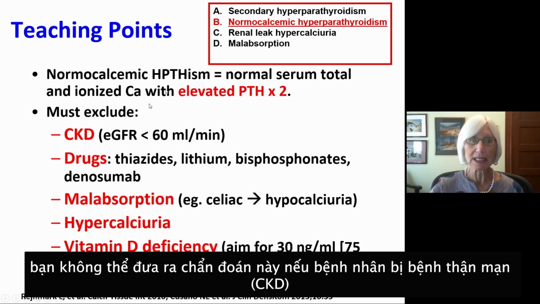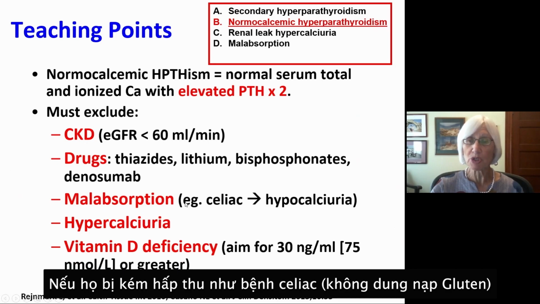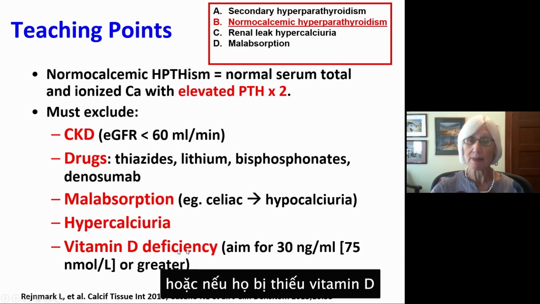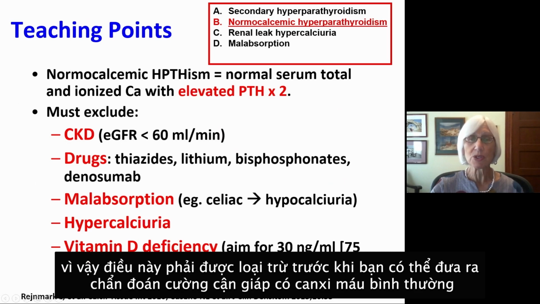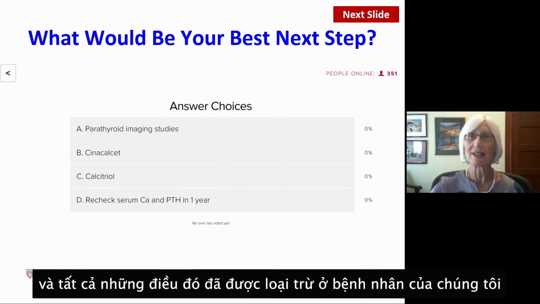You cannot make this diagnosis if the patient has CKD, if they are on these drugs, including if they've been treated with bisphosphonates or denosumab, which will raise PTH, if they have malabsorption, such as celiac disease, if they have hypercalciuria, or if they have vitamin D deficiency. So these have to be ruled out before you can make the diagnosis of normocalcemic hyperparathyroidism, and those all were ruled out in our patient.